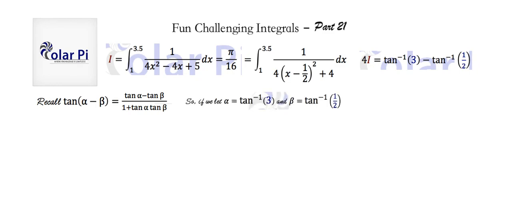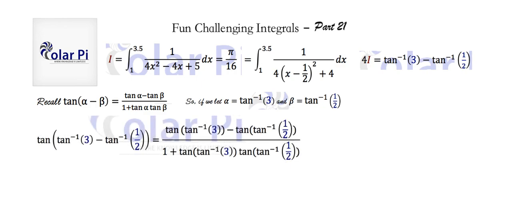Okay, so if we take alpha to be tan inverse of 3 and beta to be tan inverse of 1/2, then we can write tan of 4I, that is tan of alpha minus beta, like this. Remember, this here, tan inverse of 3 minus tan inverse of 1/2, is 4 times I. So that's what I meant by tan of 4 times I, or tan of 4I. So tan of 4I is equal to this here.